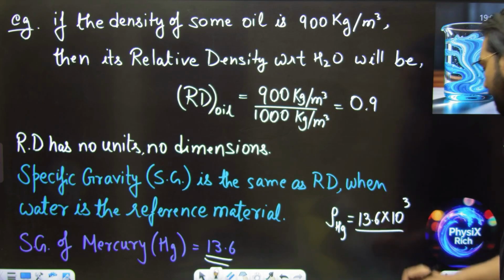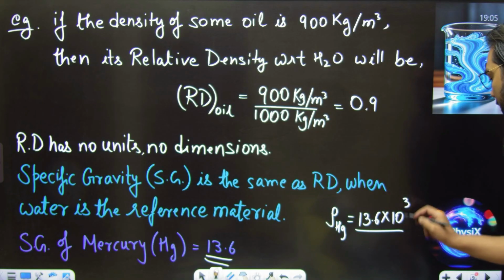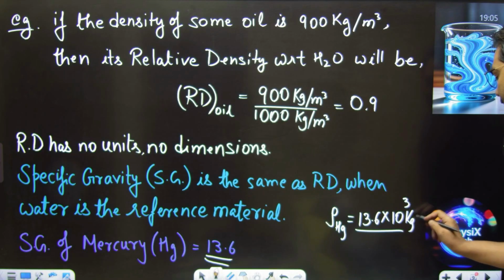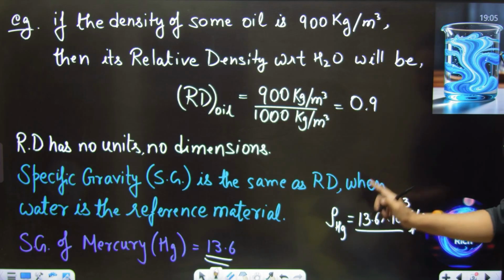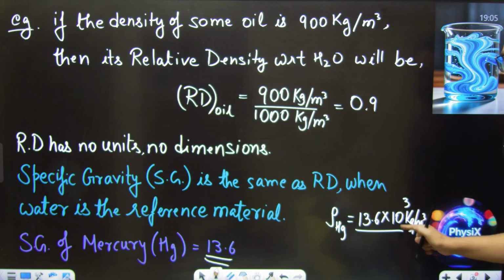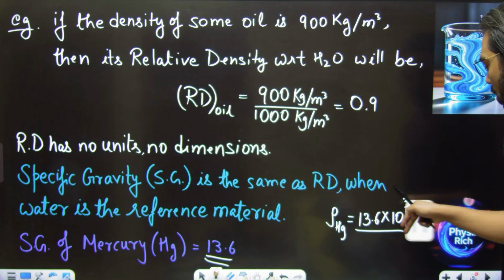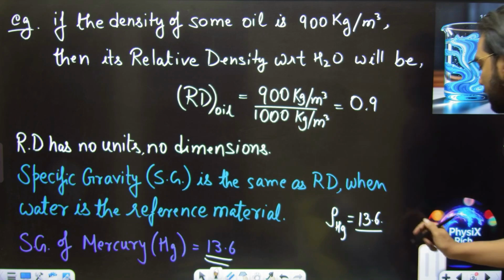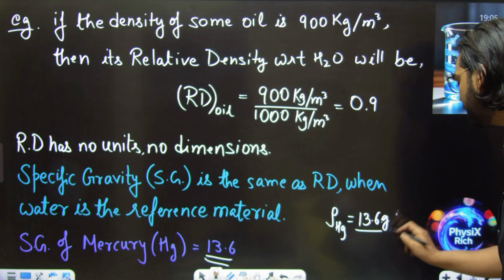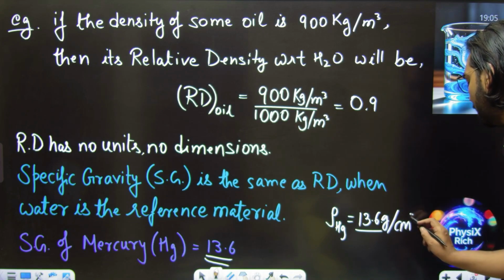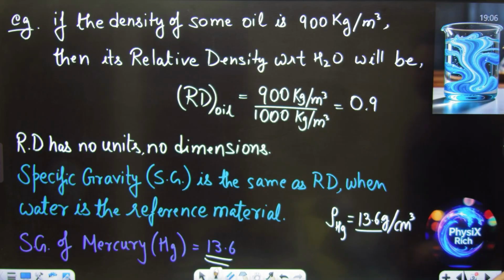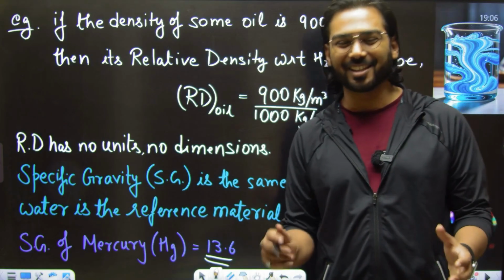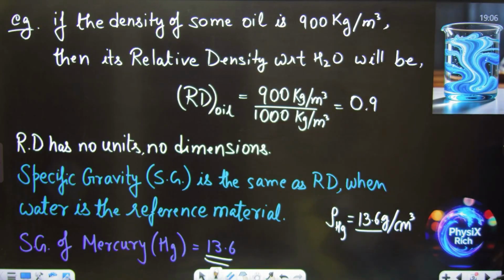So either you can say it's 13.6 times 10 to the power 3 kg per meter cube, or you could just say that it has a density of 13.6 grams per centimeter cube, because the density of water is 1 gram per centimeter cube. Okay, all right, I hope this is easy to understand up until this point.